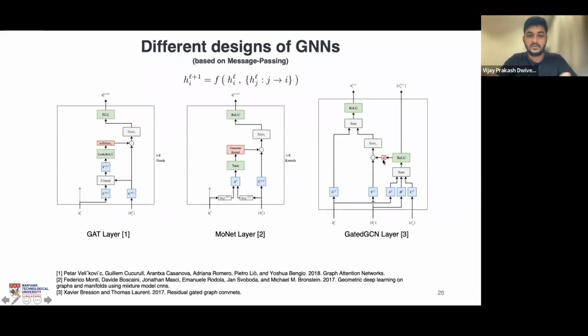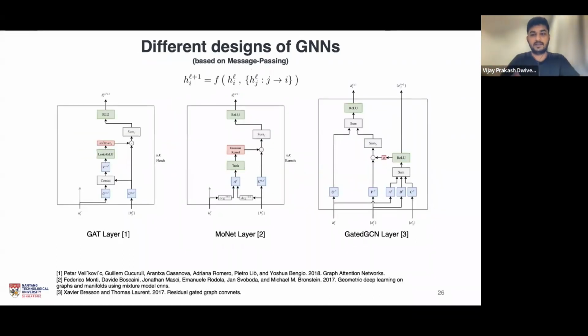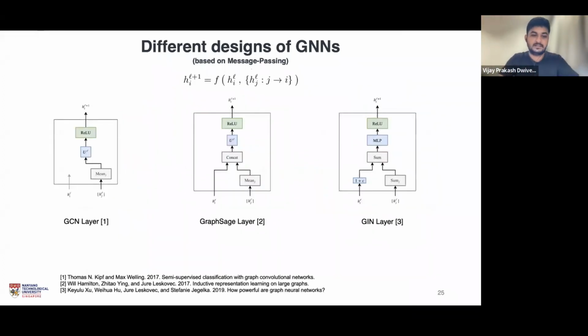I won't go into the details of these one by one, but I'm showing that all these architectures have one thing in common, that they can be represented by this equation, and at the core of this equation we have message passing, and it's also convolution, because that's how we arrived at the definition of the GCN. We saw that in the previous derivation of how GCN is constructed.